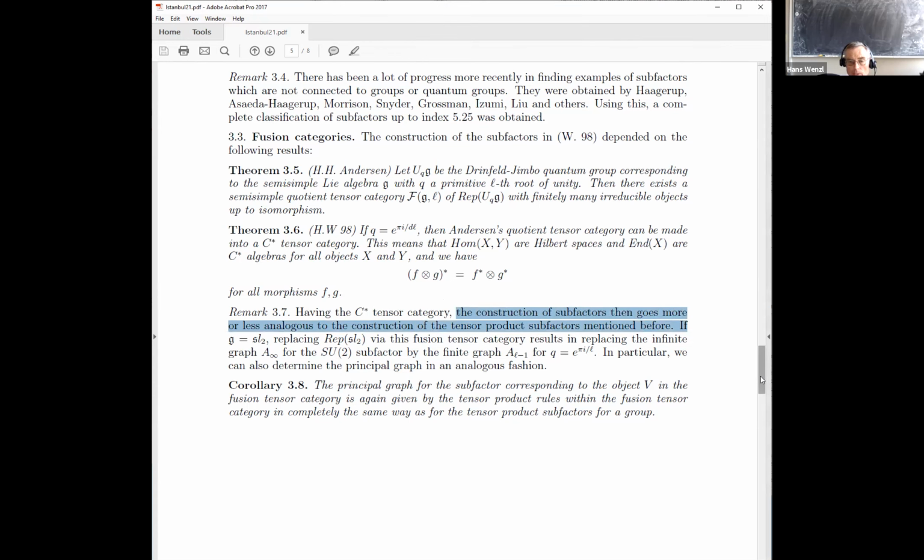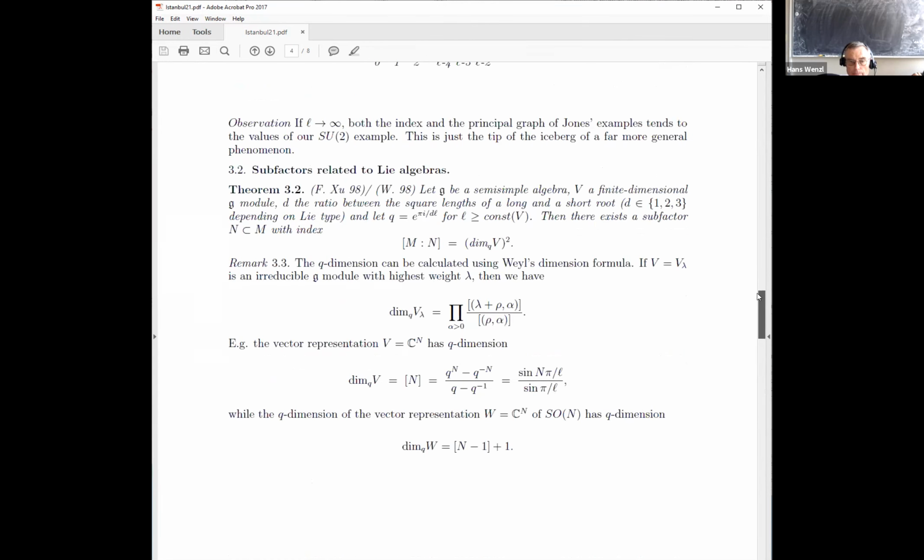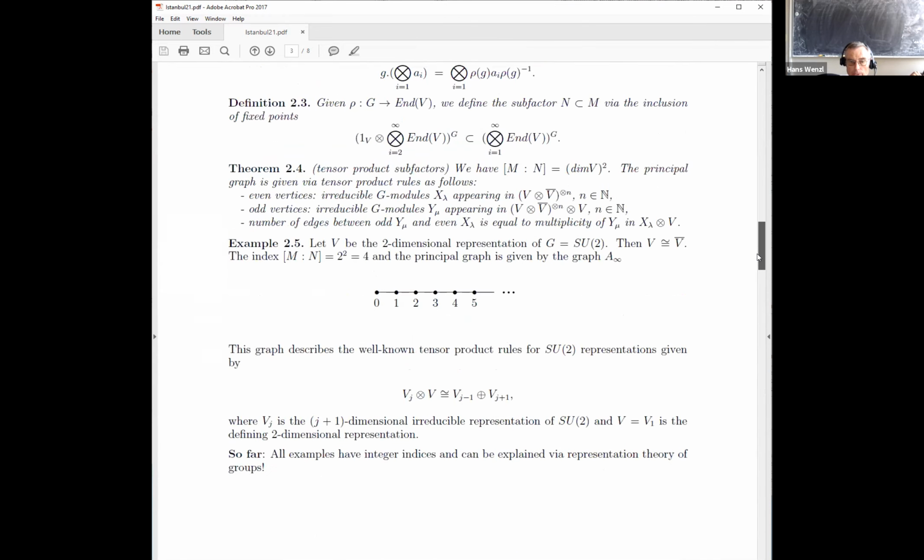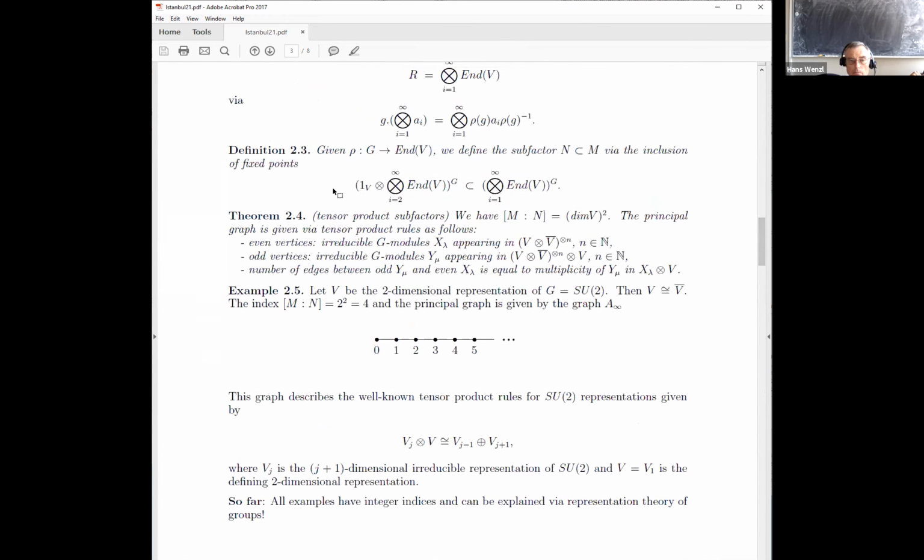So basically, you do the same thing we did above. Where was it here? The only thing is that instead of having the group representation, you do the same operations in this C-star tensor category.